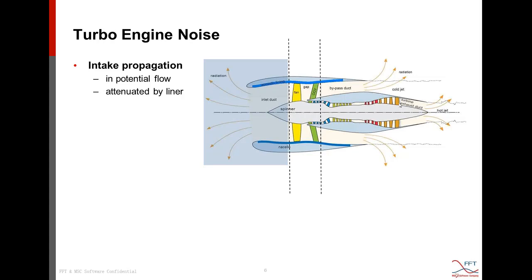And the acoustic propagation from the fan towards the outside can be attenuated by the acoustic liners that are designed on the nacelle. So the main topic here is the nacelle design and the liner design for the intake acoustics.